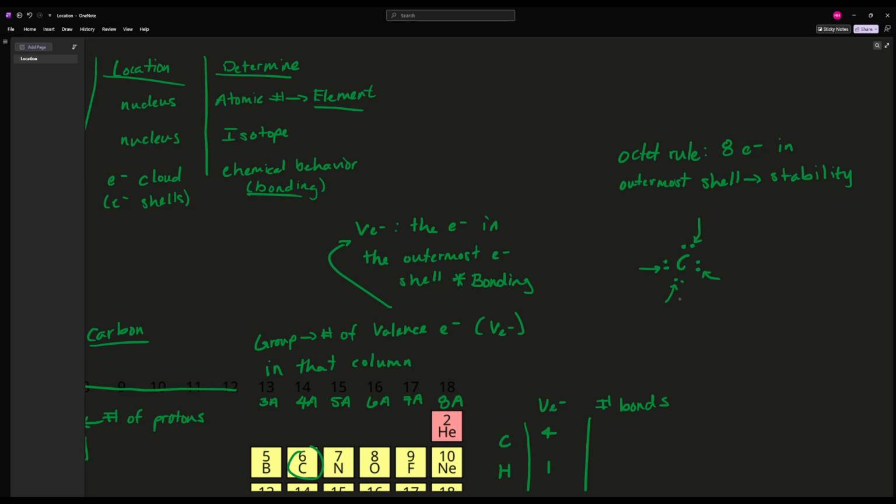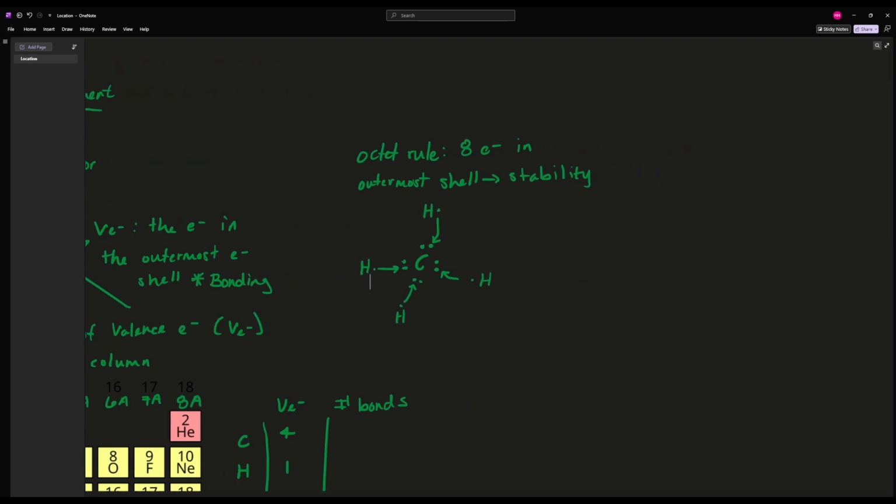And perhaps we can use hydrogen as our good example because hydrogen only has 1 valence electron. So perhaps each of these came from a hydrogen atom donating its electron. So how we would now draw this in its correct Lewis structure, we'd have our carbon surrounded by our hydrogens, and each of them is sharing 2 electrons.